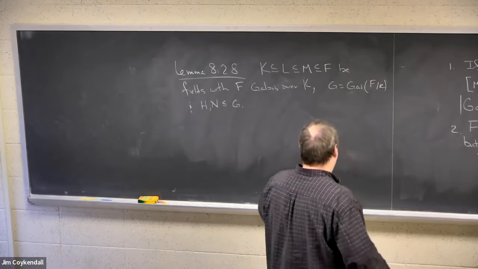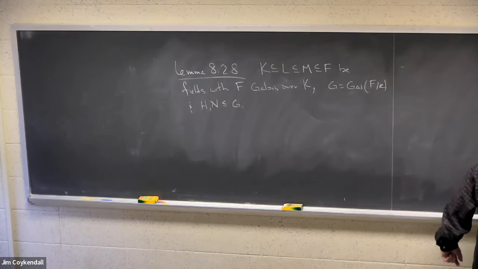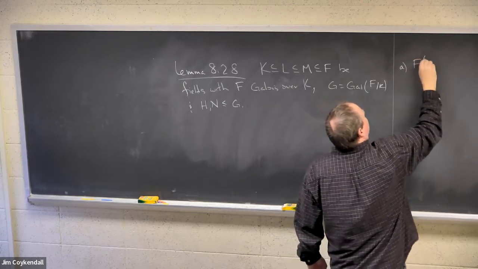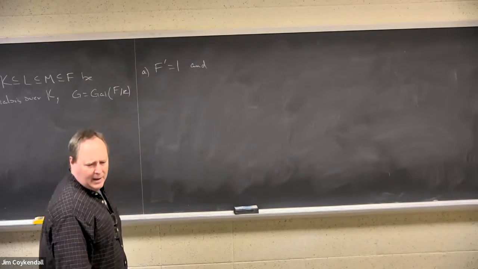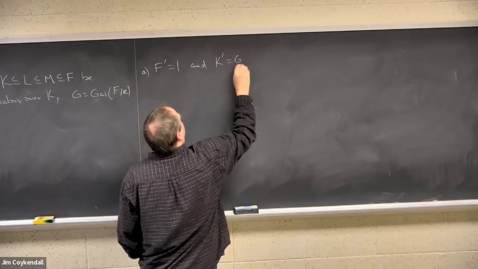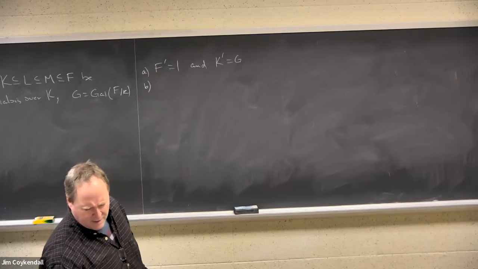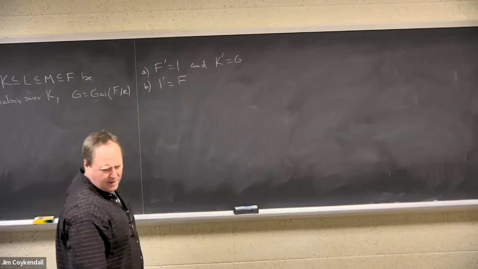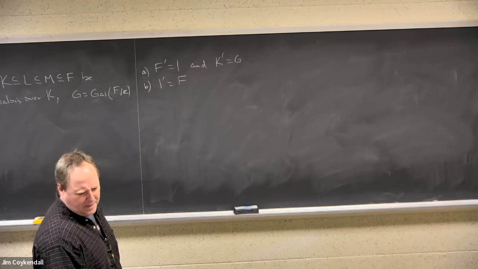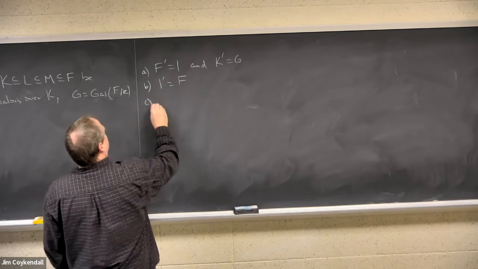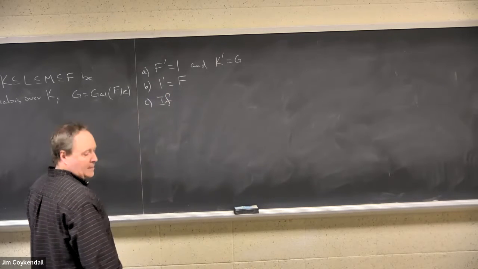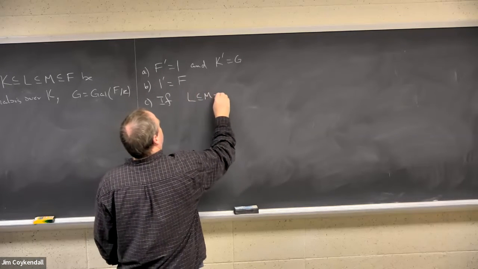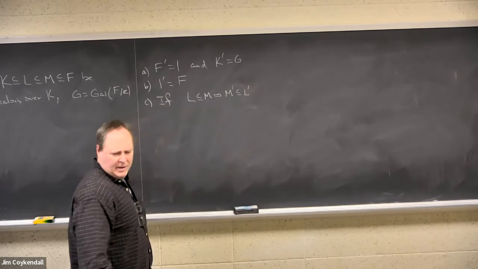So hold this over here. A: K prime is G. Number 2: F prime is K. C: if L is in M, then M prime is a subgroup of L prime.